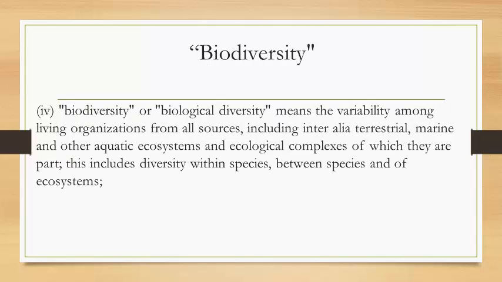Biodiversity or biological diversity means the variability among living organisms from all sources, including inter alia terrestrial, marine, and other aquatic ecosystems and ecological complexes of which they are part. This includes diversity within species, between species, and of ecosystems.